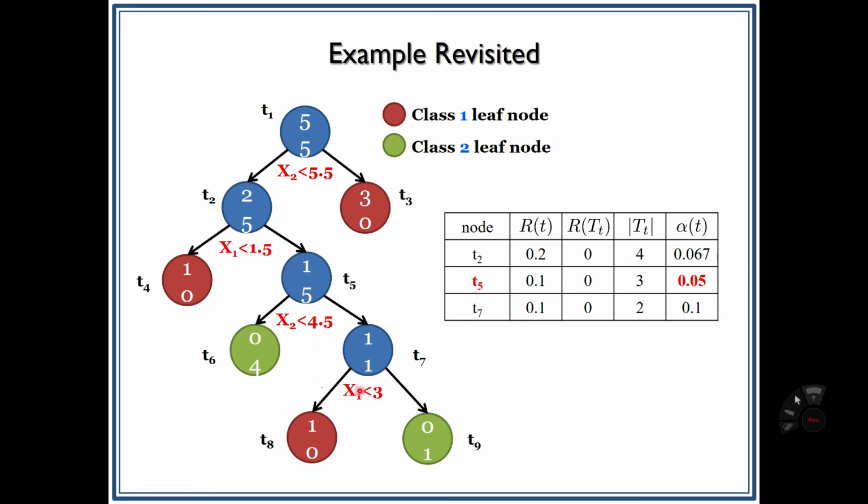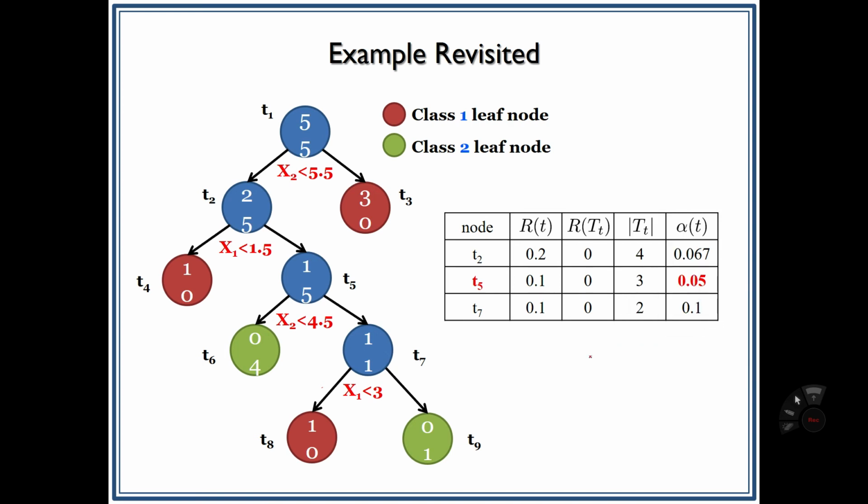And if we cut off this part, then this T7 is declared as a leaf node. So there are three possible choices for pruning, and we compute this alpha t for all of those three possible cases.